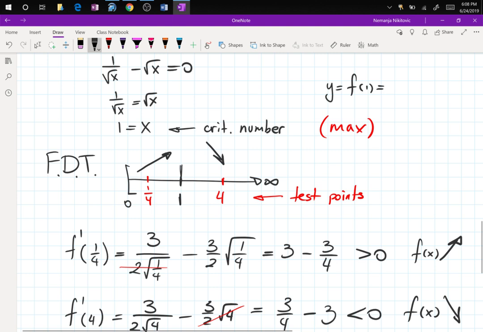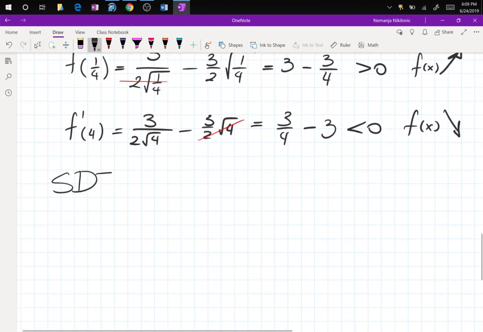Test points, which are the red ones, are placed into the first derivative test and later the second derivative test to find just whether it's smaller or larger, so we can comment on that. So we have a max at (1, 2). Great.